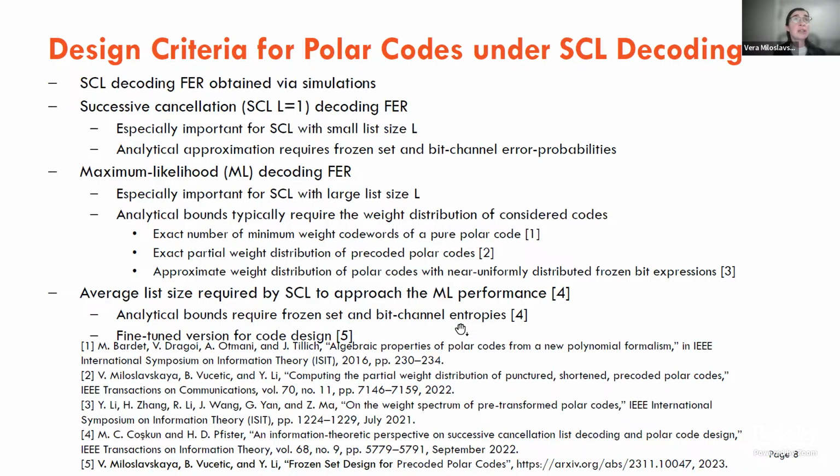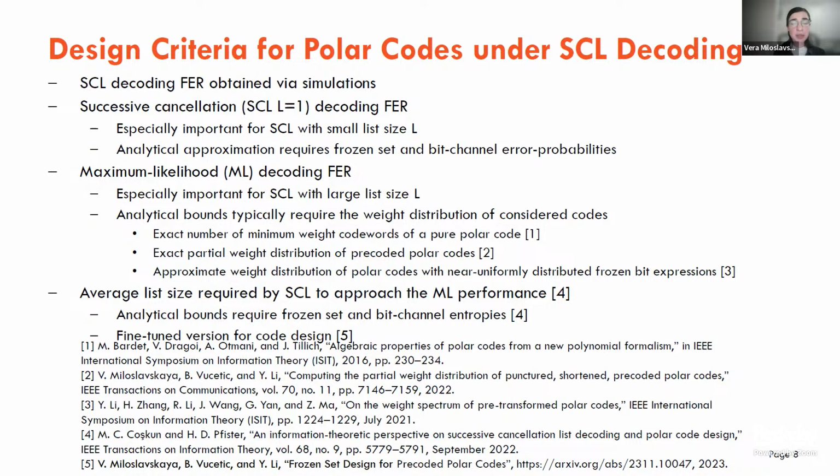About state-of-the-art design criteria for polar codes. Of course, for any particular decoder, we can perform decoding simulations and find the frame error rate, and then try to modify codes to reduce the frame error rate. However, the computational complexity would be very, very high, prohibitively high sometimes.